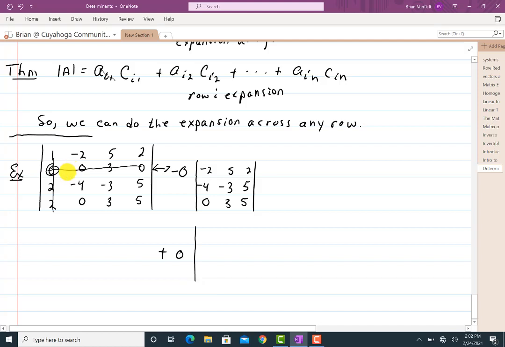Let me get rid of the things I drew for the last one. All right, next we're staying along row 2 here. Now I got the next 0. What's left over? 1, 5, 2, 2, negative 3, 5, 2, 3, 5.